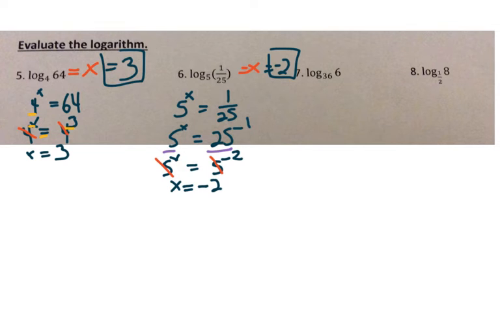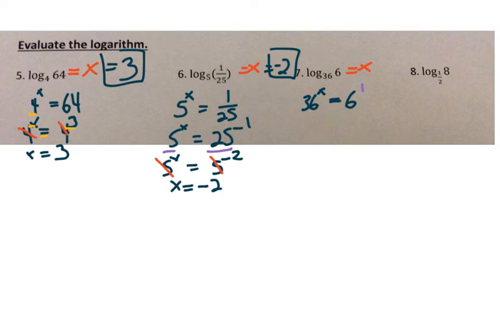Alright, number 7: set it equal to x, and then write it in exponential form. So I get 36 to the x equals 6. Now this one's a little bit different. I can't change the 6 on the other side. This 6 just has an exponent of 1. But I can change that 36.